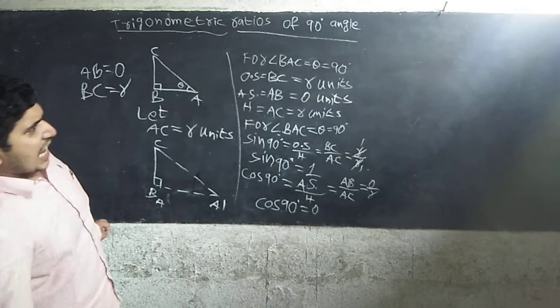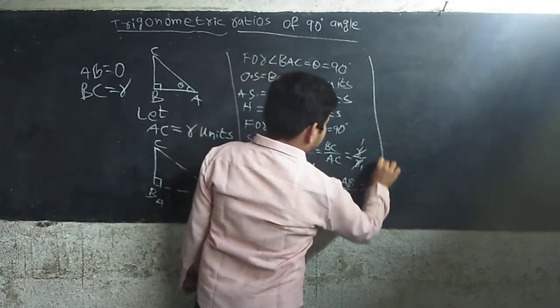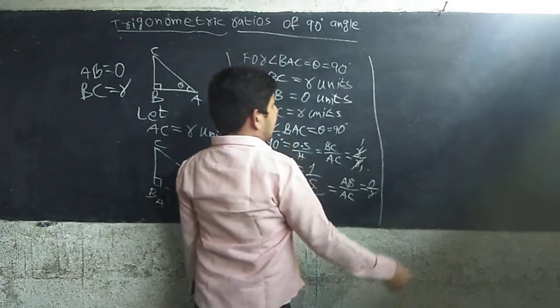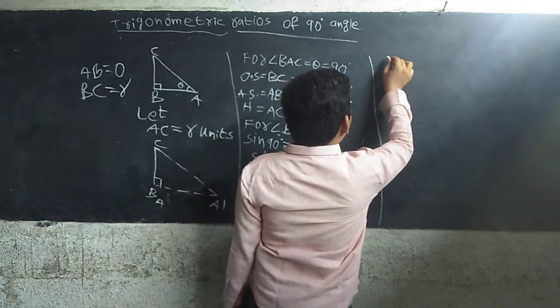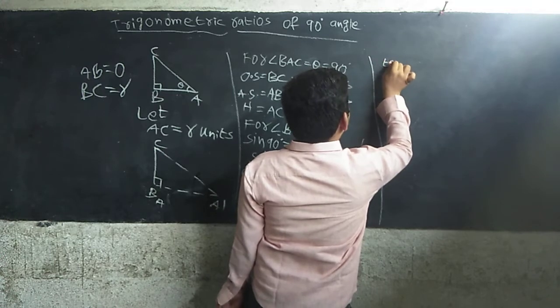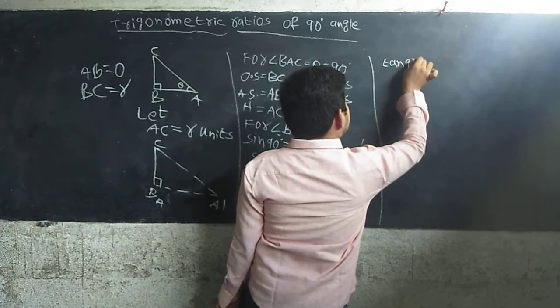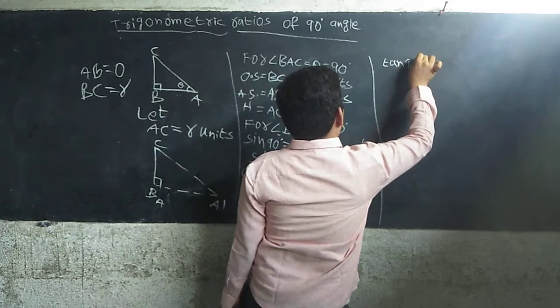Now tan 90 degrees equal to what? Opposite side by adjacent side.